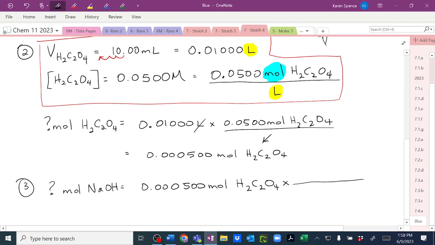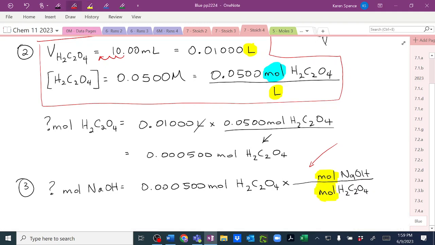We don't want moles of H2C2O4. We want moles of NaOH. Where do we get those numbers from when we're converting from moles of one thing into moles of a different substance? That's from our coefficients, from the balanced equation.